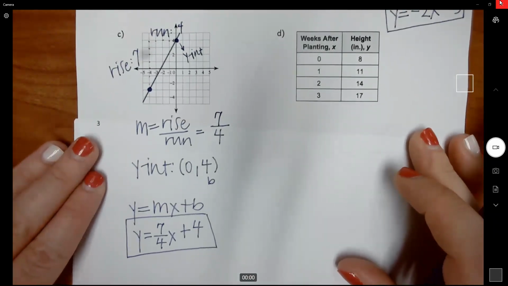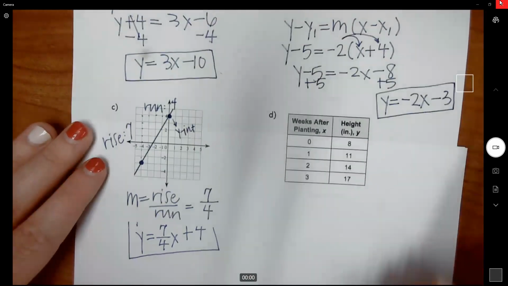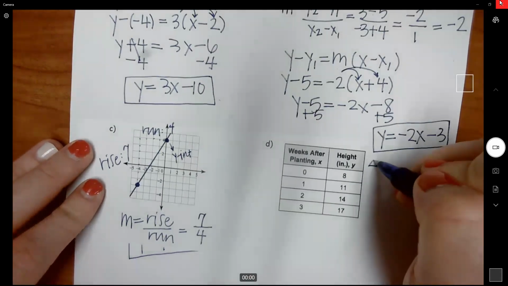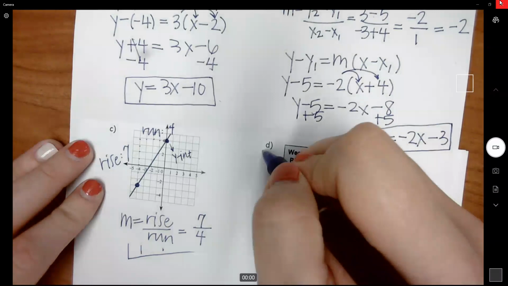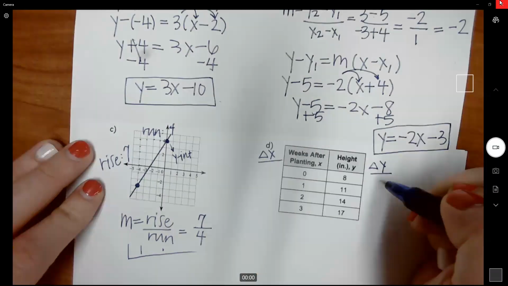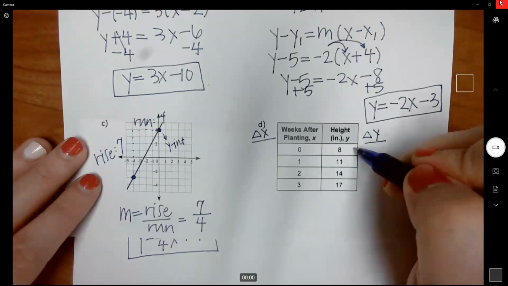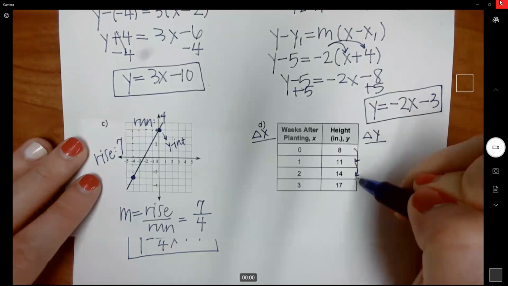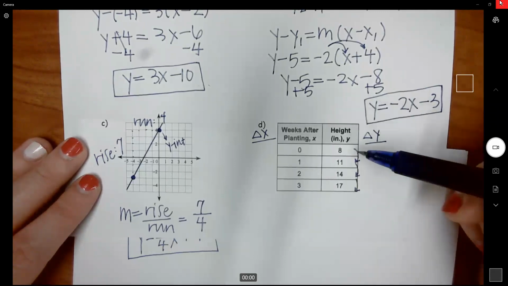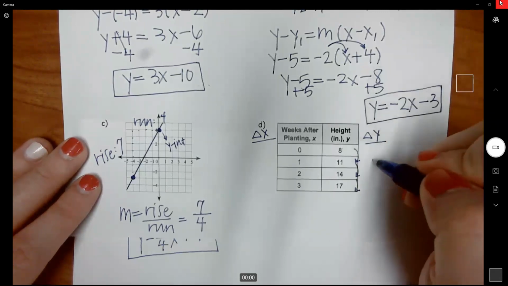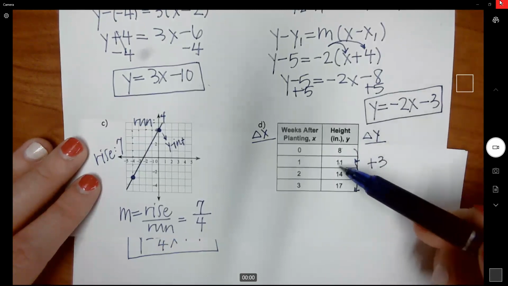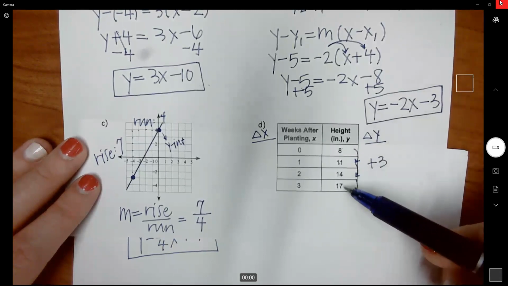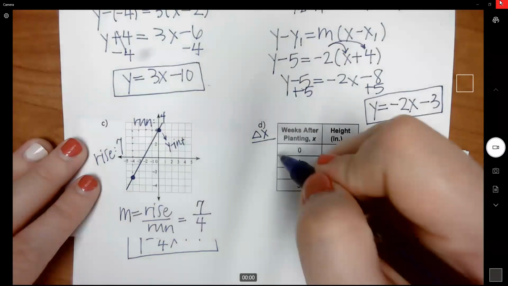I need my slope and I need my y-intercept. Well, I can find my slope by finding my delta y and putting that over my delta x. How is this changing from each of these coordinates? 8 to 11, we are adding 3. 11 to 14, adding 3. 14 to 17, adding 3.